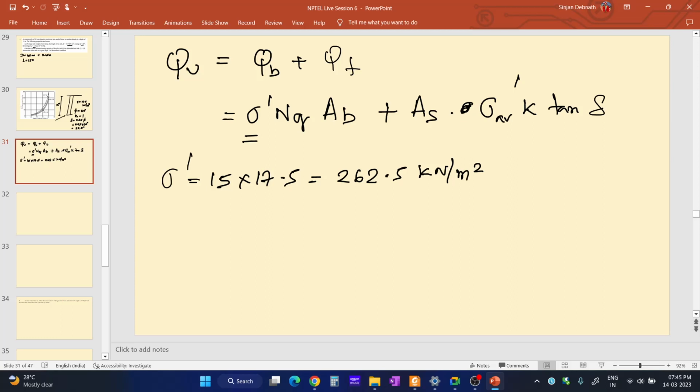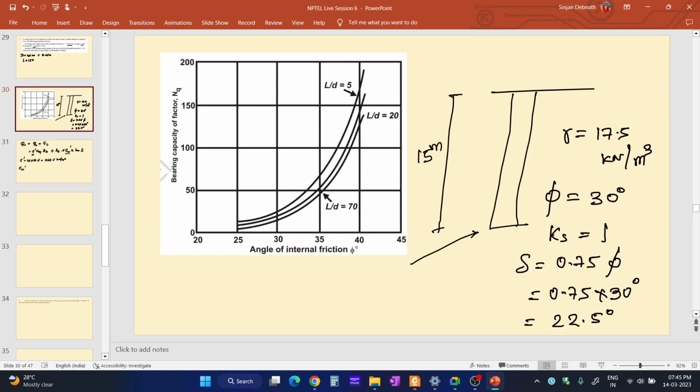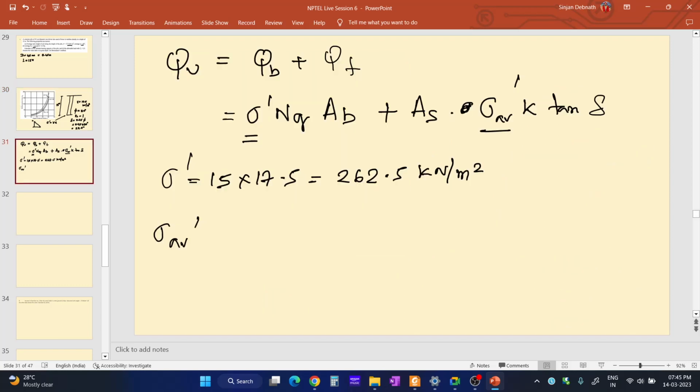Fine. And now let us find out sigma AV dash. See what is happening over here. At the top, overburden pressure is 0, and it is increasing linearly because our effective overburden pressure is equal to gamma into z. Z is the depth, and at a depth of 15 meter, how much is the effective overburden pressure? It is 262.5.